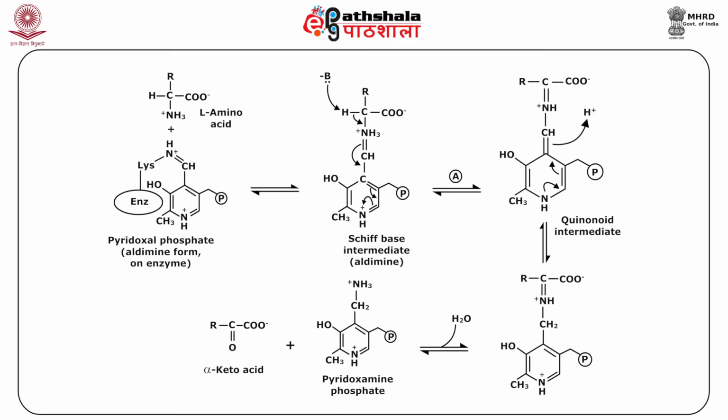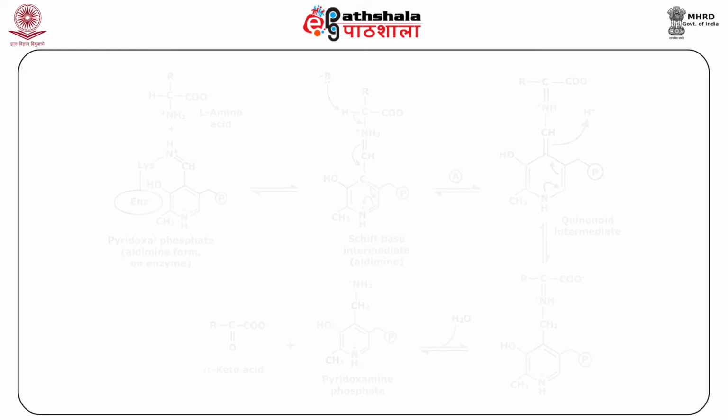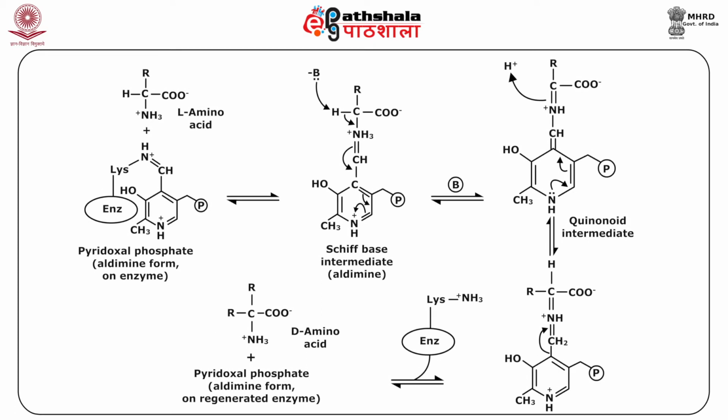The pathway represents only part of the overall reaction which is catalyzed by aminotransferases. To complete the process, a second alpha keto acid replaces the one that is released, and this is converted to an amino acid in the reversal of reaction steps as shown in the figure.